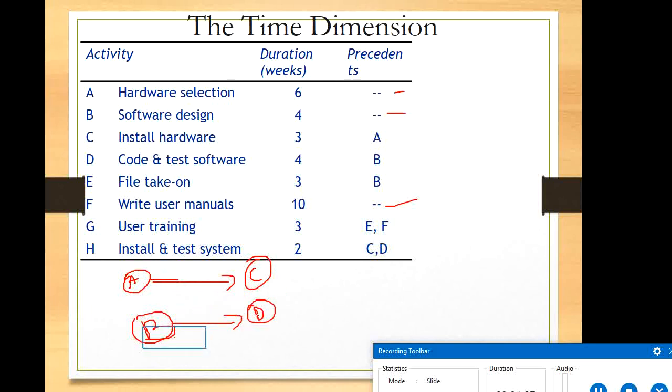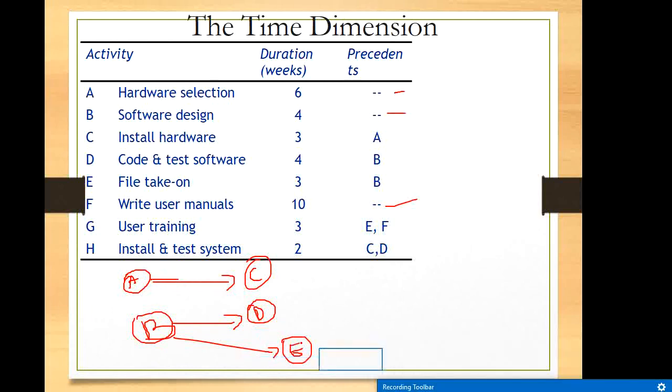Then coming to third, C installation, and D, E also preceding the B. Then F. You can see F is a separate activity which doesn't require anything to be preceding.